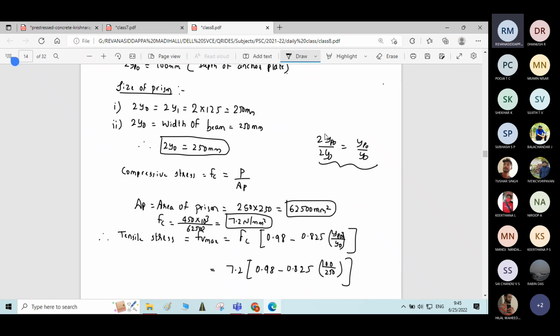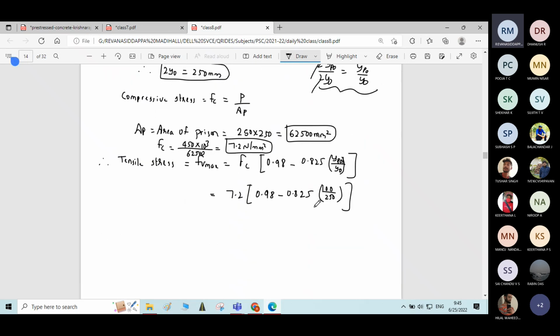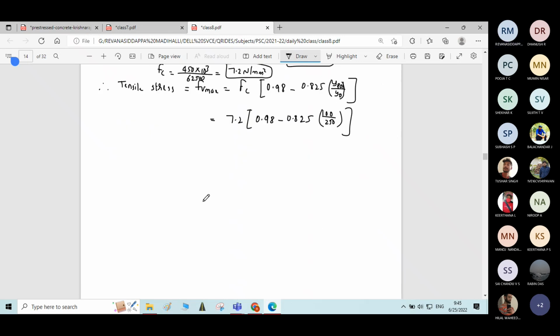Therefore, Fe max is equal to 4.68 Newton per mm square.